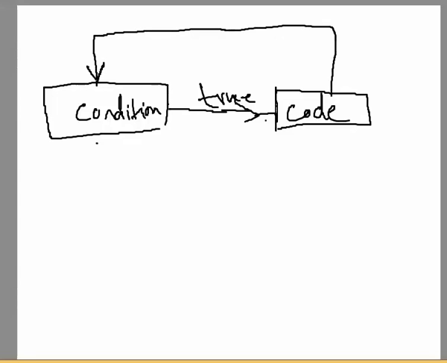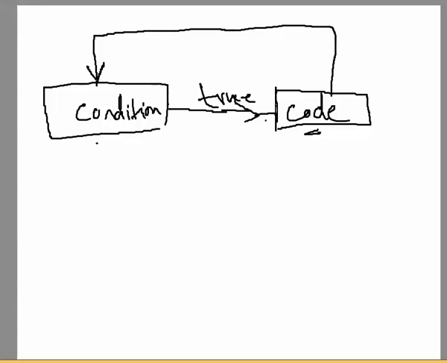Okay, it's different from the if. With the if statement, we learn that if the condition is true, we will execute the code, then we will exit, right? With the loop, no, we don't exit. We go back, check the condition again.